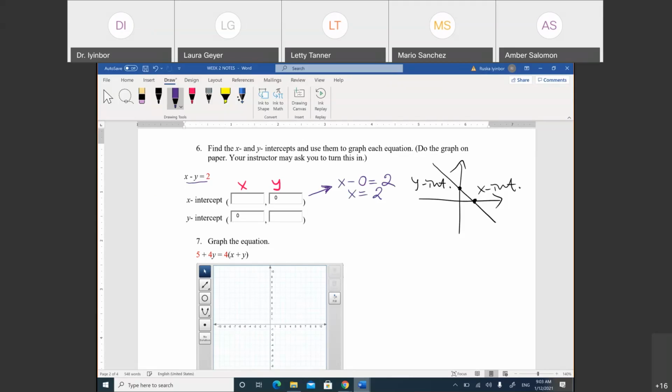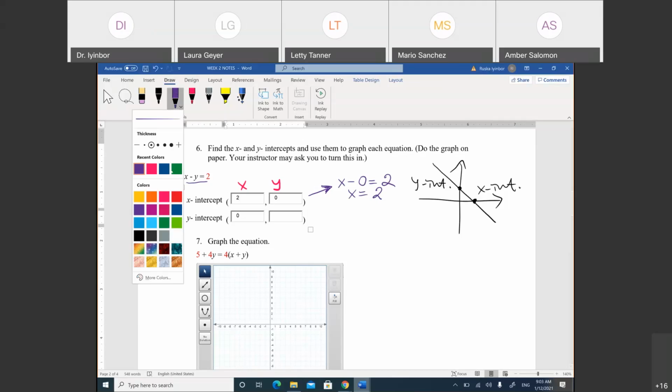And that's going to be the number for x. x equals 2. Okay, any questions about the x-intercept? Okay, no? Then we're going to go to the y-intercept.